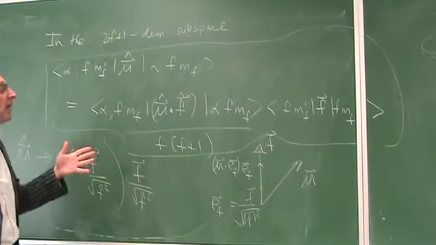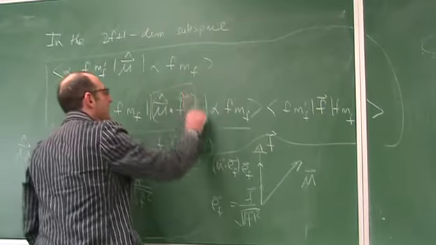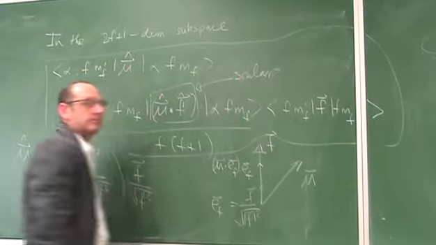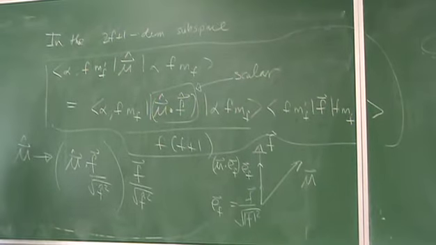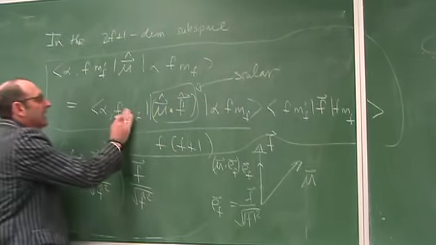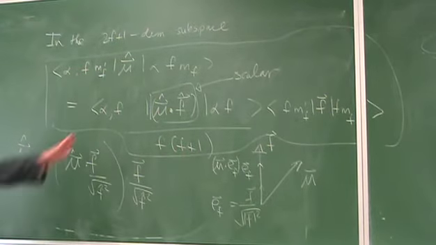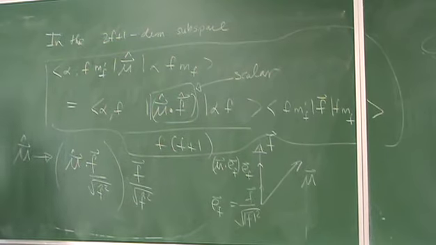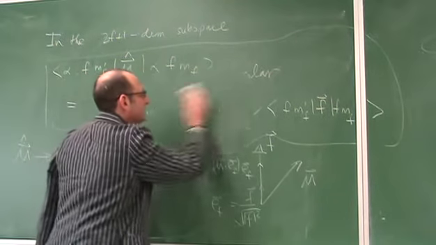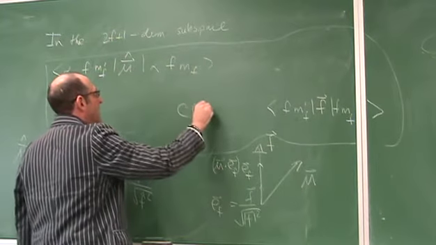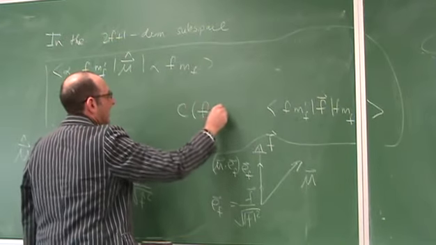Well, notice that this is a scalar with respect to rotations generated by F, which means that this is irrelevant. It doesn't matter what F is. All that's left over here is some constant that depends on F and alpha.